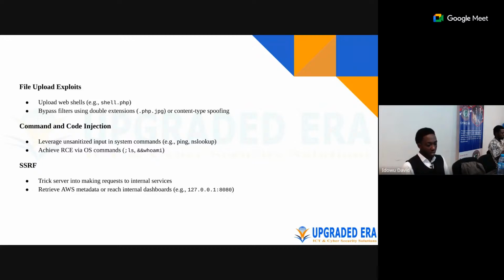Now, on the server side, it involves you tricking the server into making requests to itself or to internal services. For example, you have a system or a server that uses the link http://example.com/profile-picture and so on.